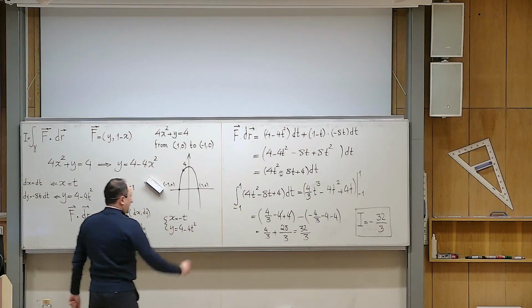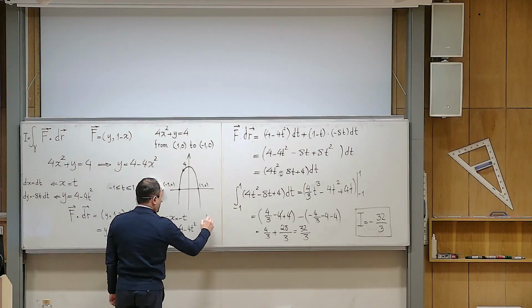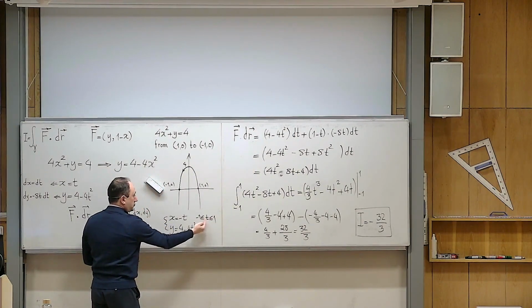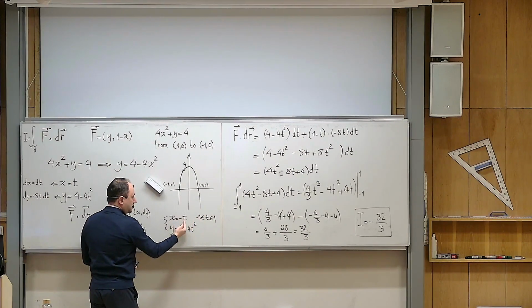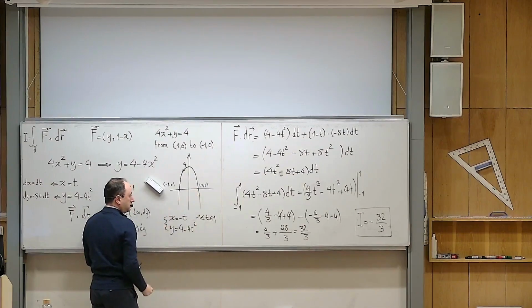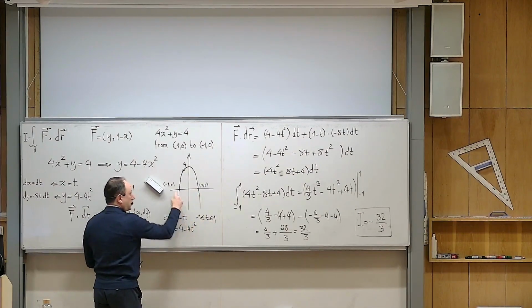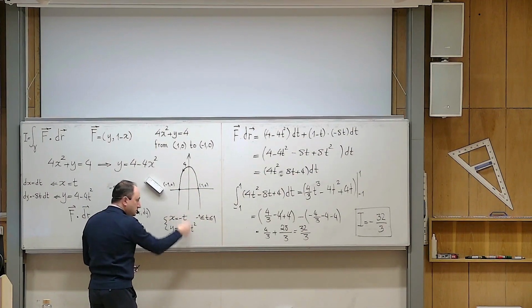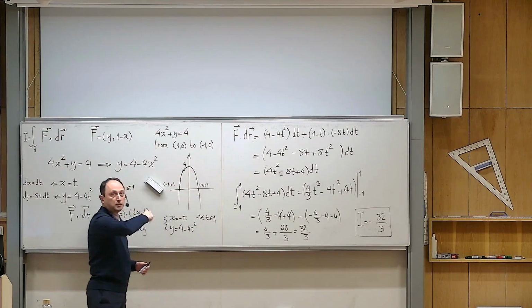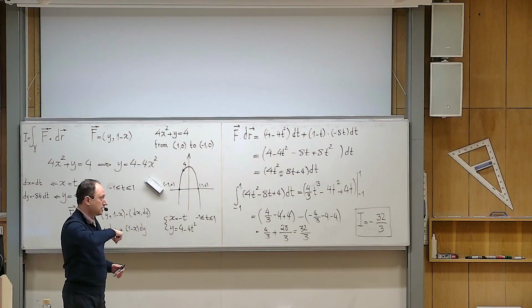But then I can run t again from minus 1 to 1. But why is this good? Because if I put t equals minus 1, x is 1. So for t equals minus 1, I am here. And then for t equals 1, I am there. So if I choose this parameterization, I am exactly going in the right direction.